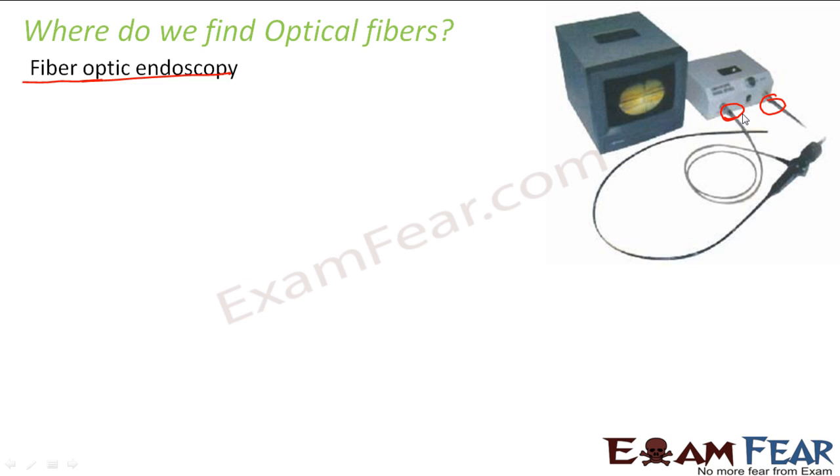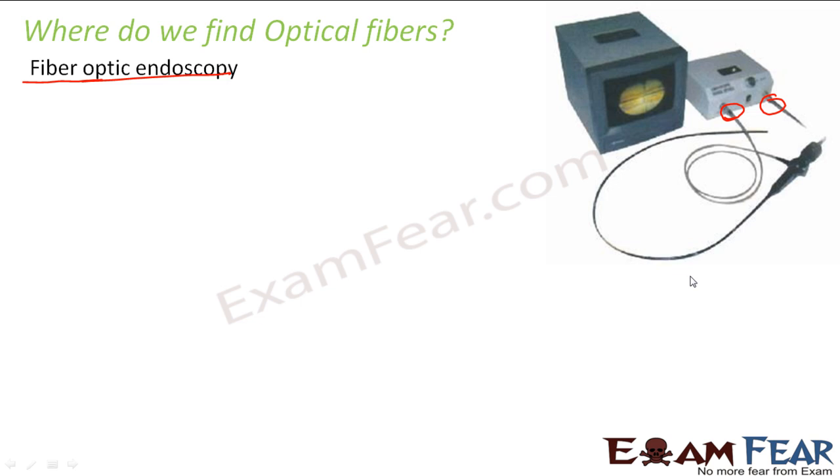One bundle is to transmit light from outside to inside. They will attach this to your body, and through one bundle the light will be taken from outside to inside. Through the other bundle, the light will be received from inside and taken back outside.